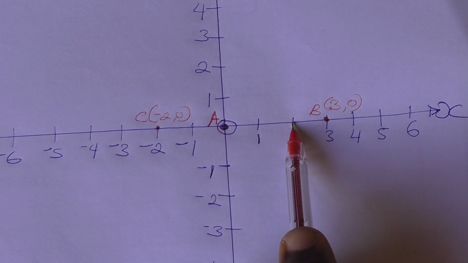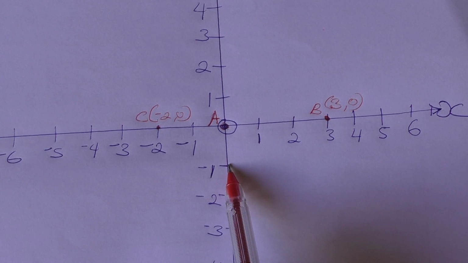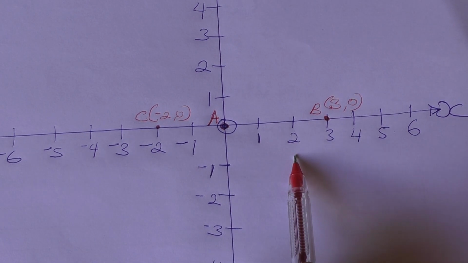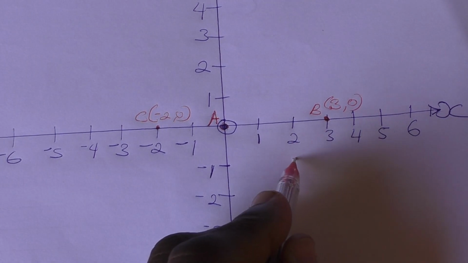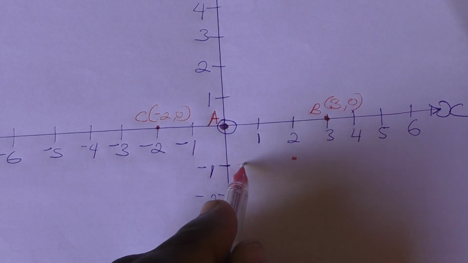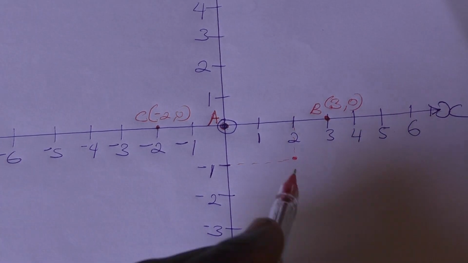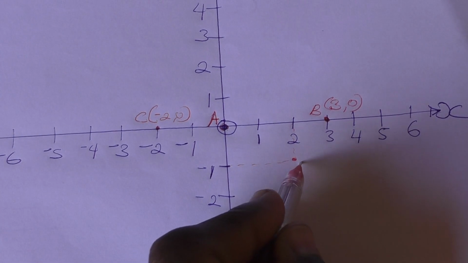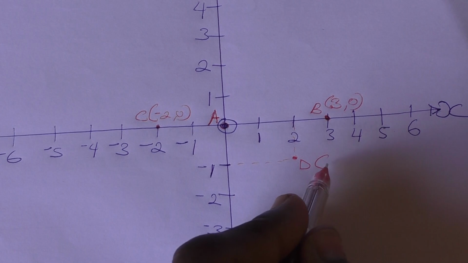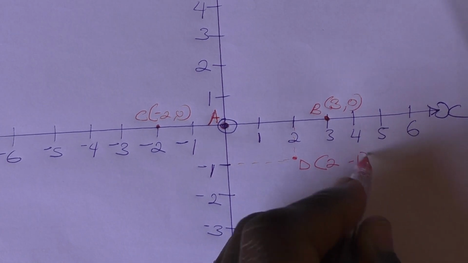Then -1, we are moving below. That is -1. So where -1 on y meets 2 on x, that is our point D, which is 2, -1.